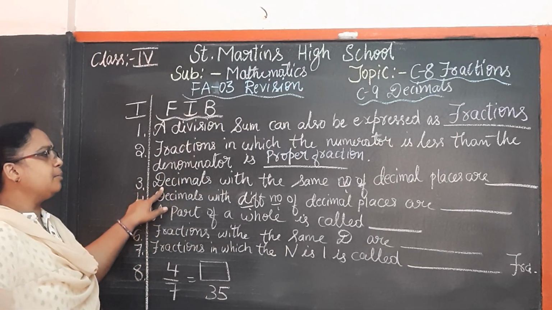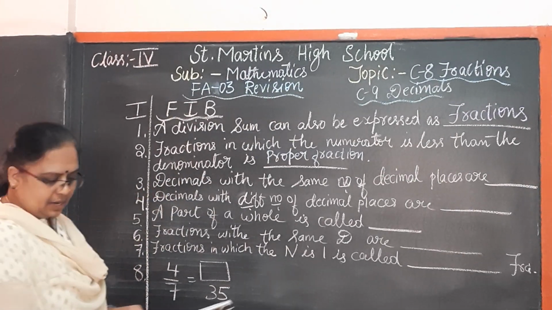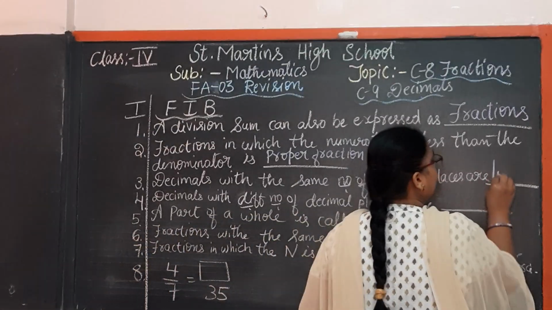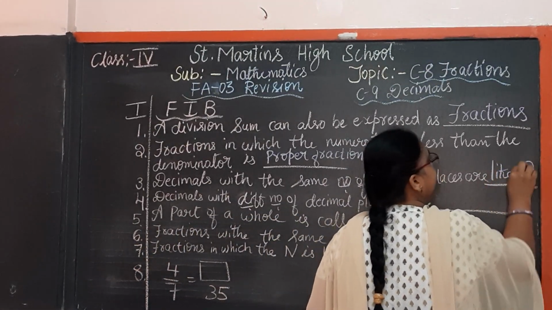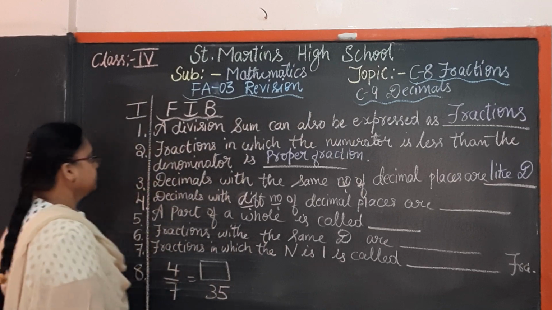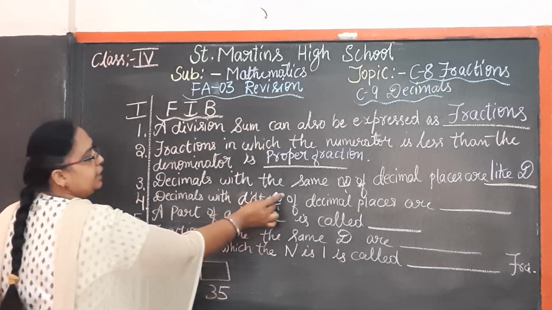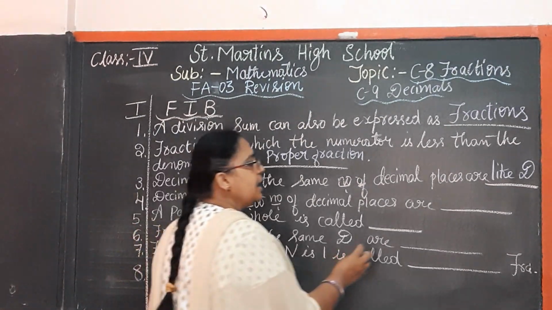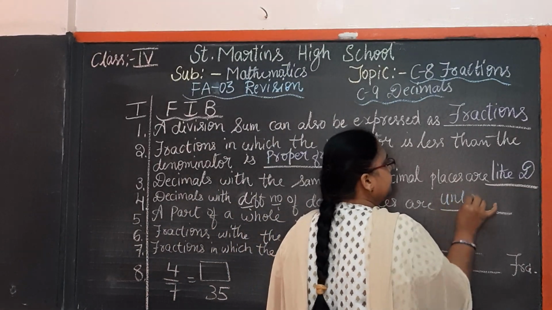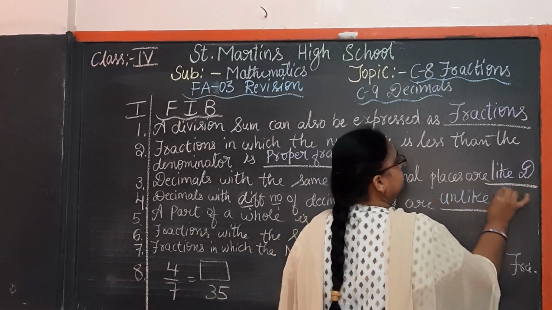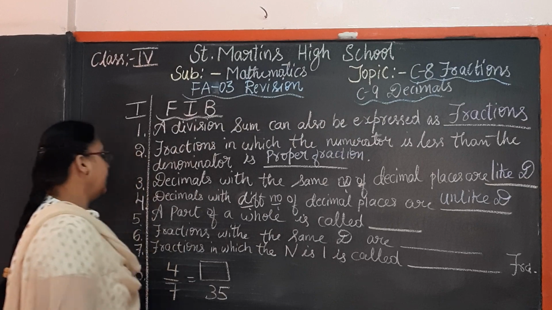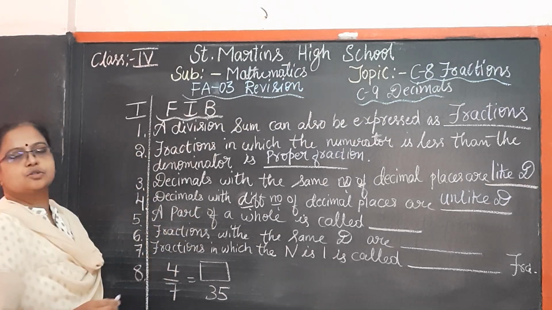Decimals with the same number of decimal places are called like decimals. What do we call it? Like decimals. Decimals with different number of decimal places are called unlike decimals. Then a part of a whole, what do we call it?